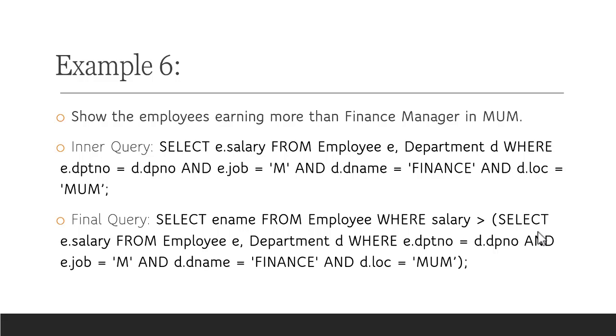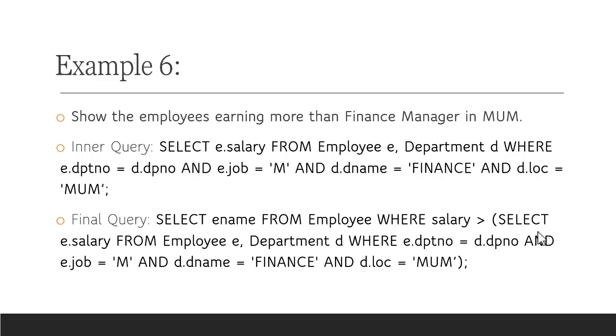The job of the person comes from the employee table, but the department name and the department location come from the department table. So we need to join the employee table with the department table. The common attributes are the DPT number and DP number of the employee table and the department table respectively.